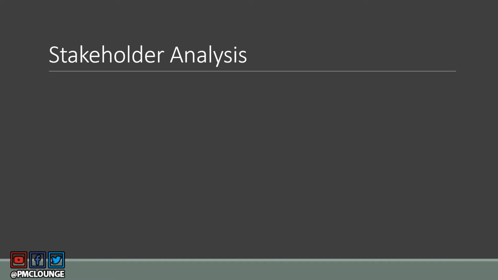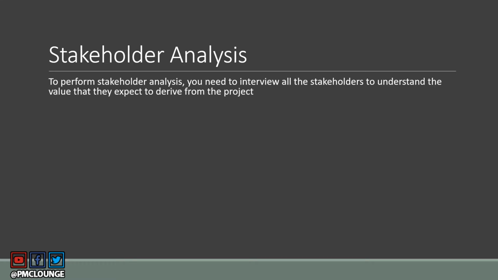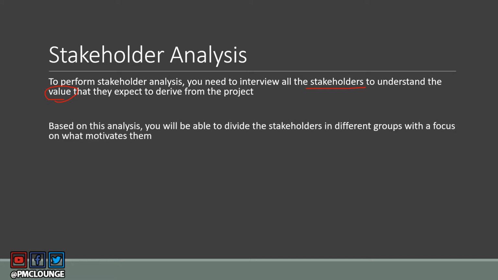Now, in order to make use of this tool known as stakeholder analysis, you need to interview all the stakeholders, and that way you are going to understand the value that they expect to derive from the project. What do they really want out of the project? That's what you're looking for here. Based on this analysis, based on your interview with them, you will be able to divide the stakeholders into different groups.